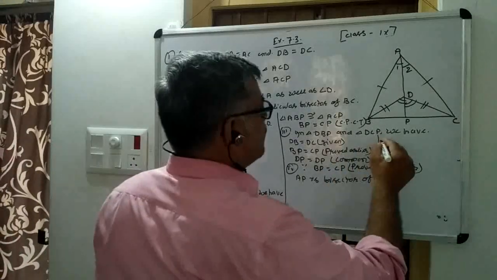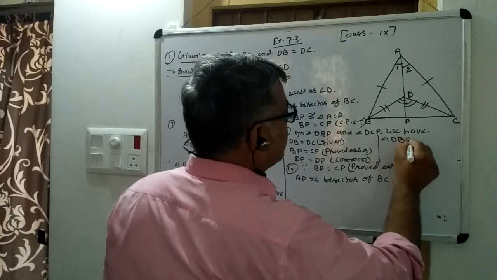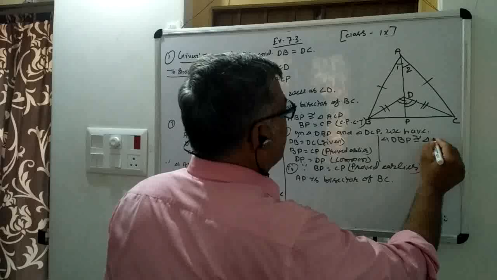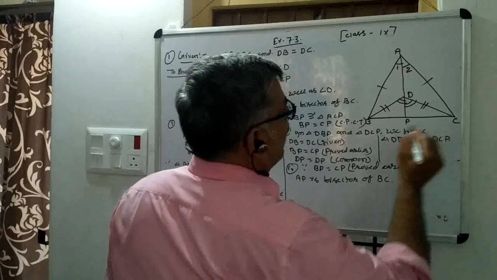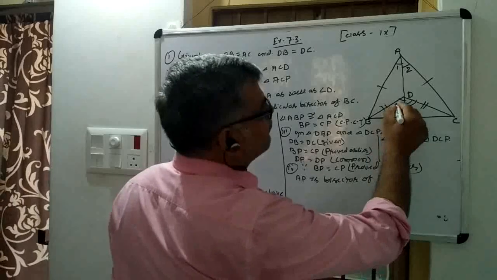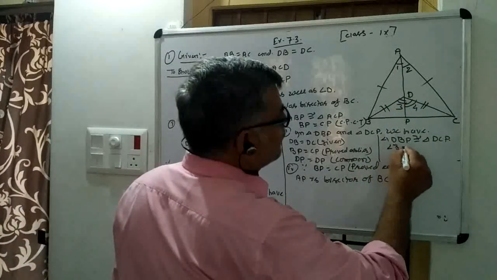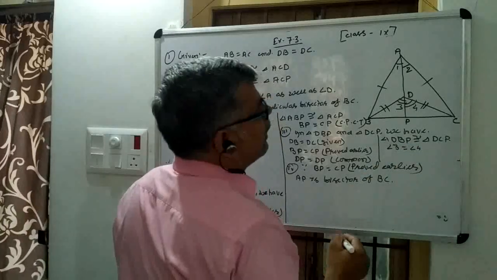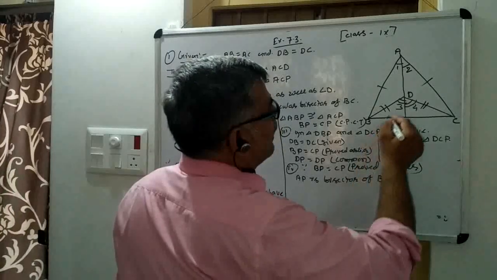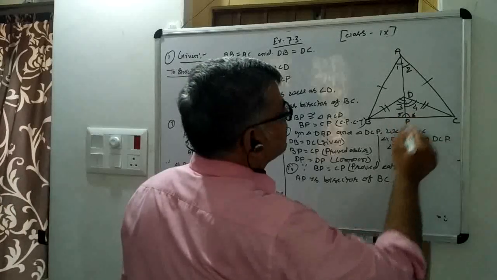So triangle DBP becomes congruent to triangle DCP. And when these two triangles become congruent, suppose this is angle 3 and angle 4. So angle 3 equals angle 4. And suppose these are angle 5 and angle 6.